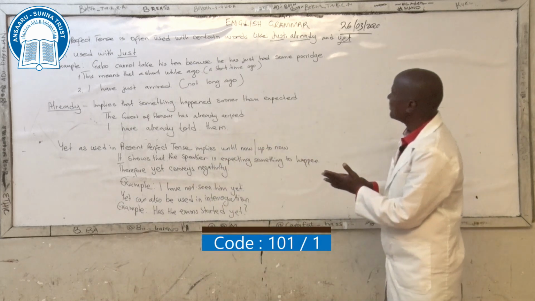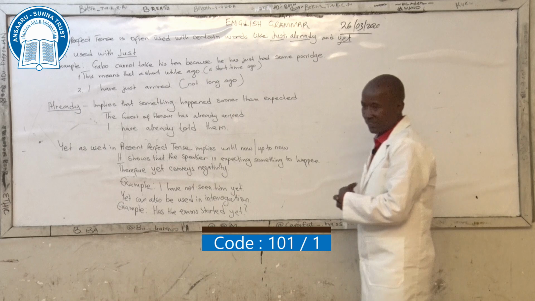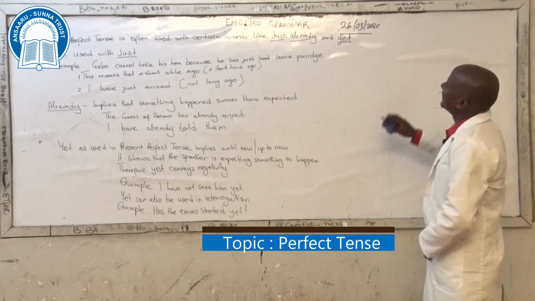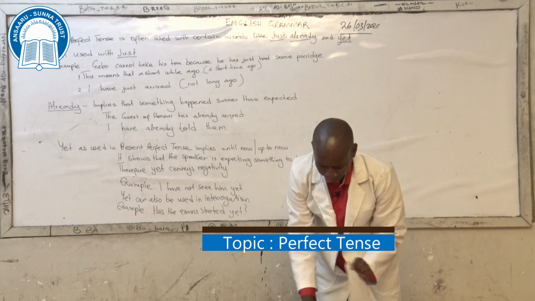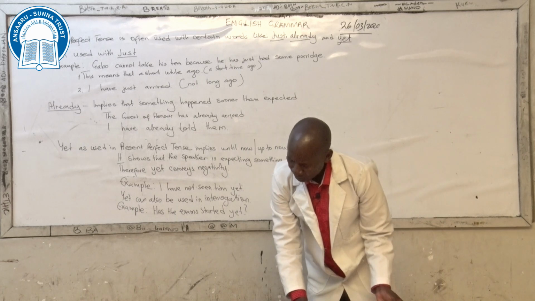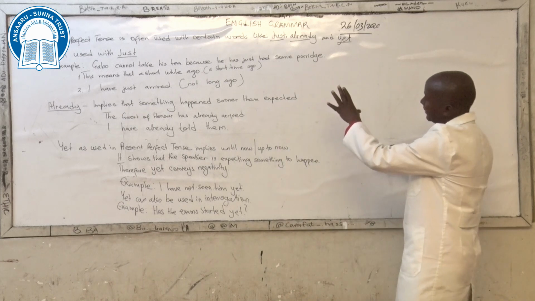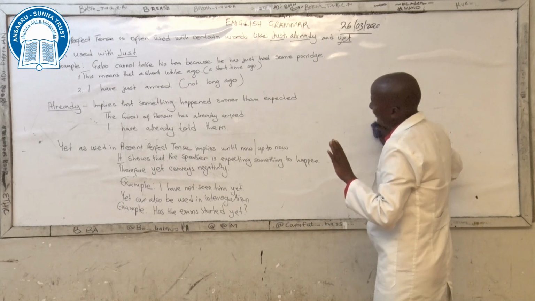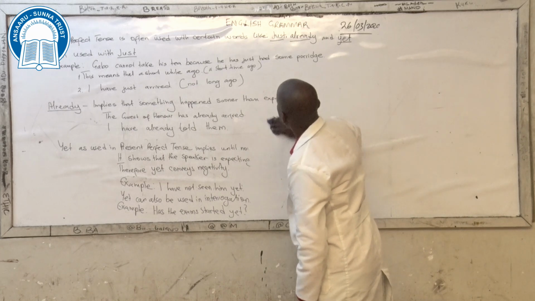So we've seen the three of them: just, already, and yet, used with present perfect tense. We also want to look at some other words that can be used in present perfect tense, or commonly used with present perfect tense.